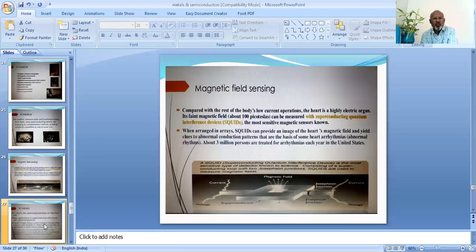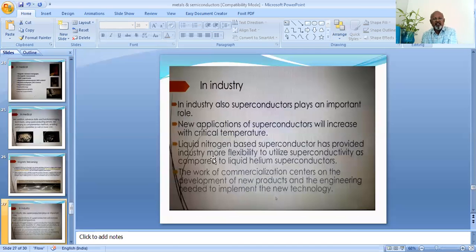Now, one more field is industry. In industry, superconductors also play a very important role. New applications of superconductors will also depend on the critical temperature. Liquid nitrogen, which is a very cool gas, has given industry more flexibility to utilize superconductivity as compared to liquid helium superconductors.